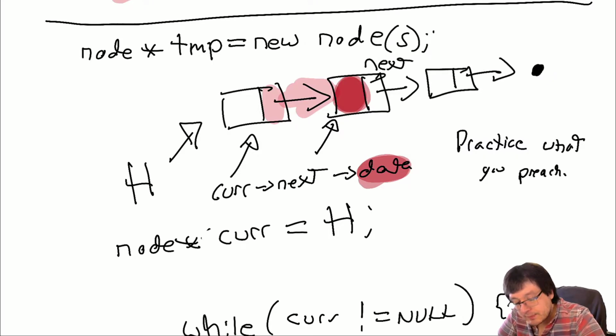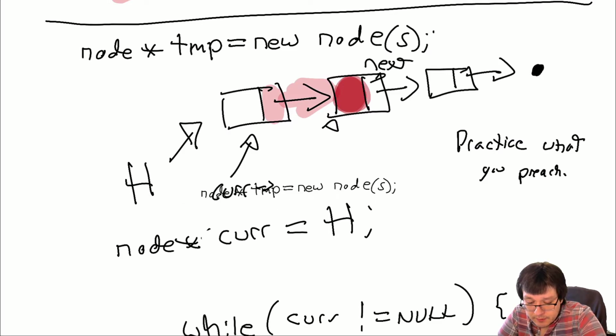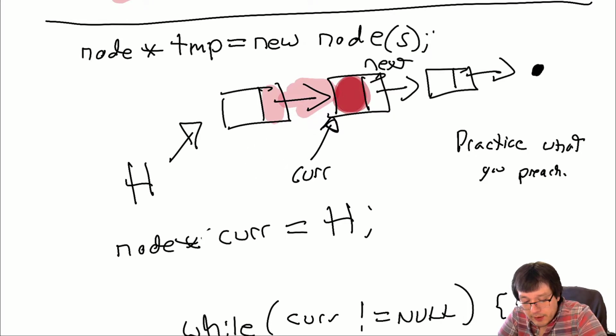But if we do that, when I say cur gets cur next, I am updating my pointer from pointing to cur on the first node like this to now cur being that right there.